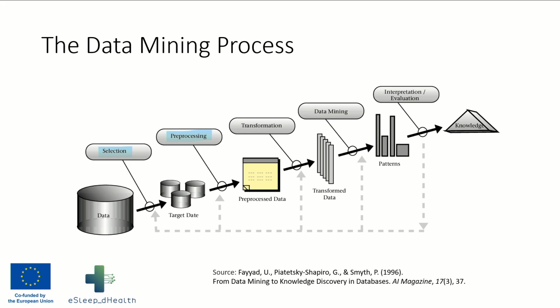So actually, most of the time in this whole process is spent just in the first 2 steps, in selecting and pre-processing the data. Because once it's cleaned up and ready, those further steps are usually less complex than the pre-processing itself.